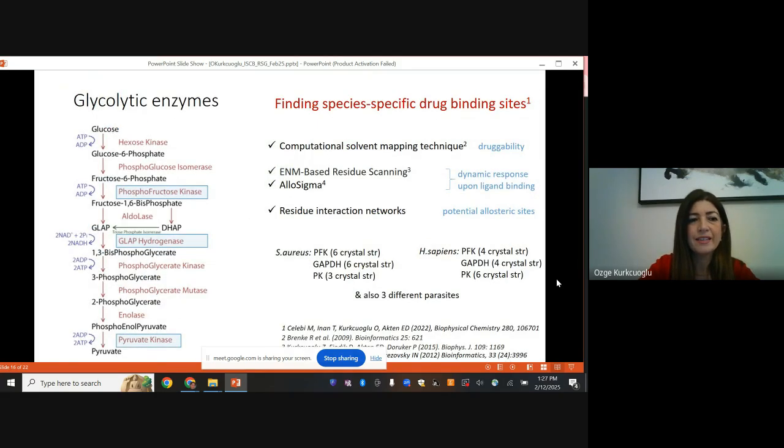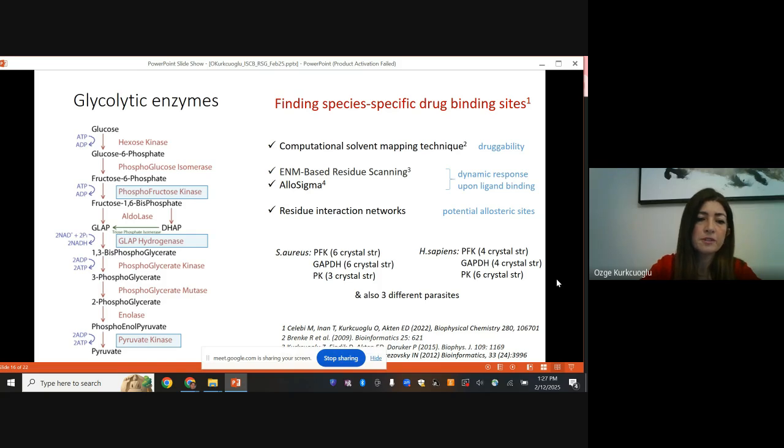And in another study, we investigated 3 allosteric enzymes of the glycolytic pathway. This pathway and the related enzymes are highly conserved. Therefore, here we aim to find specific drug binding regions, especially for S. aureus and some parasites.